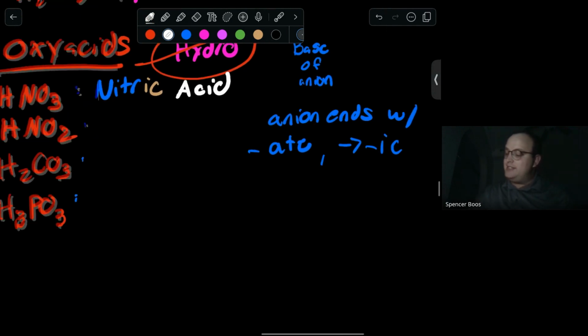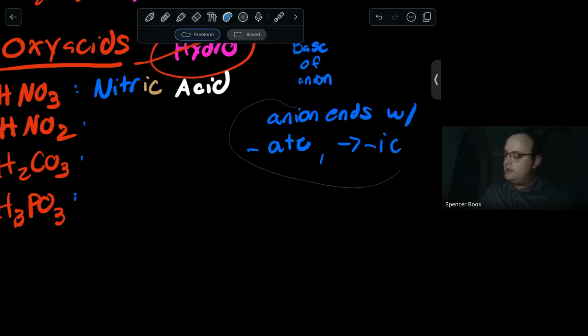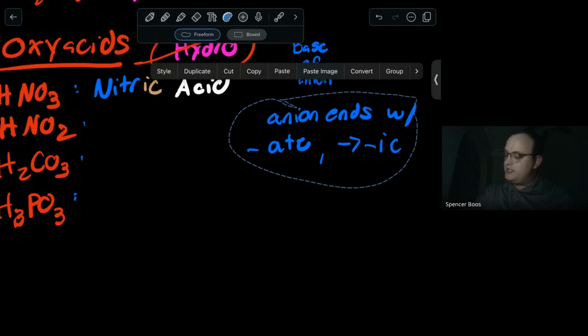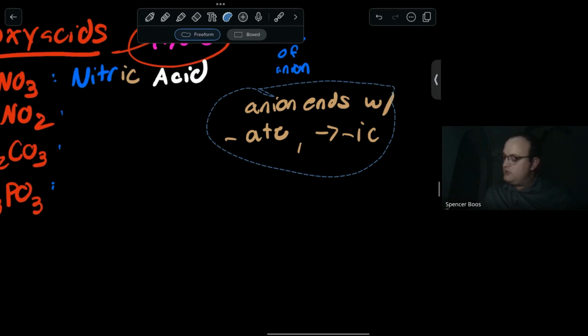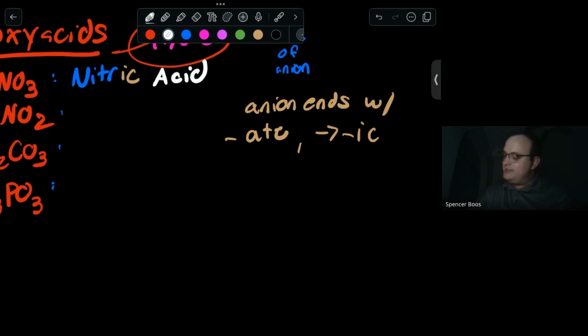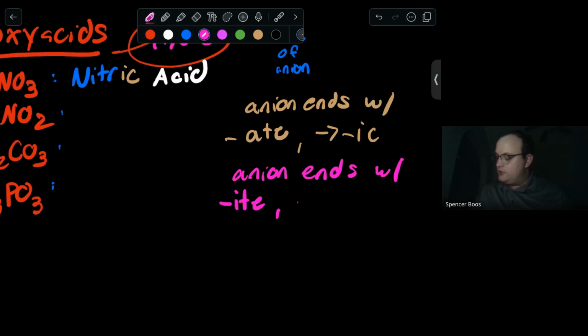But if the anion ends in ite, you change it to ous.